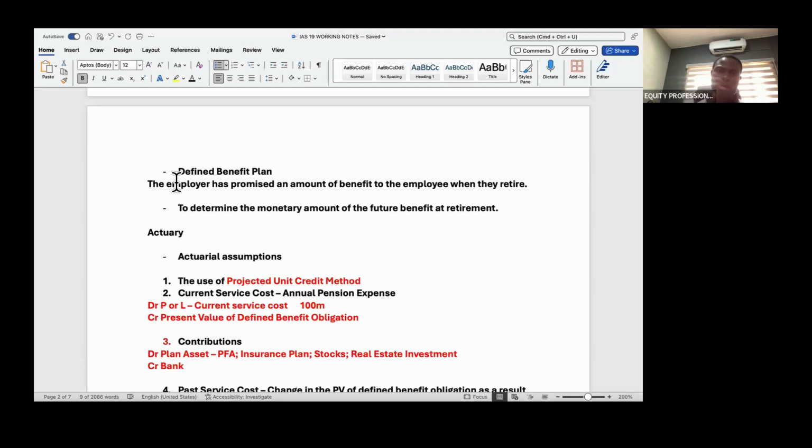So you really need to work out what the contribution would have to be, in such a way that when you make those contributions, they will be sufficient to pay that benefit in the future. So there are a lot of assumptions that have to be made.